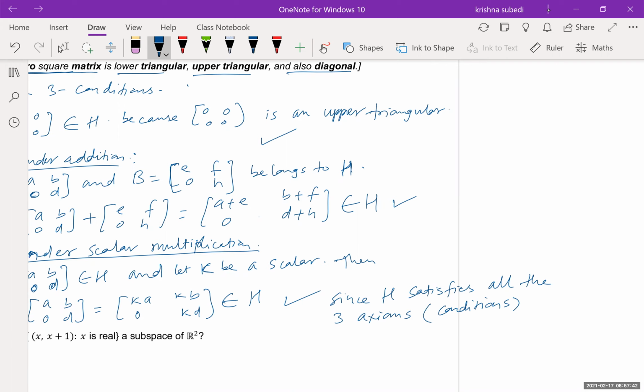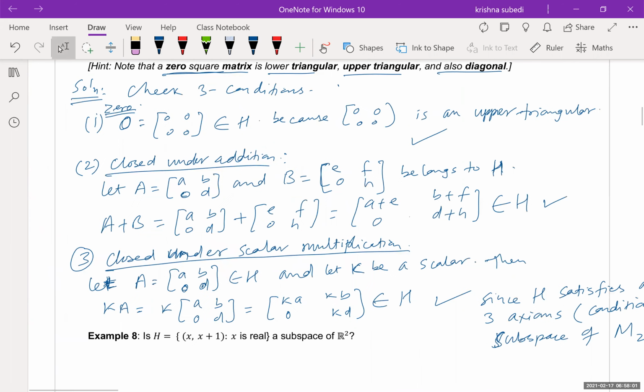Since it satisfies all the 3 axioms, H is a subspace of M2 by 2 matrices. All right, that's how we can show.